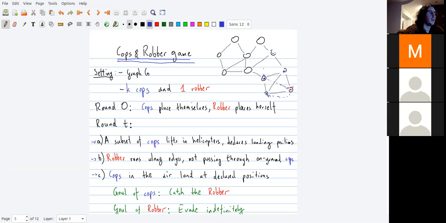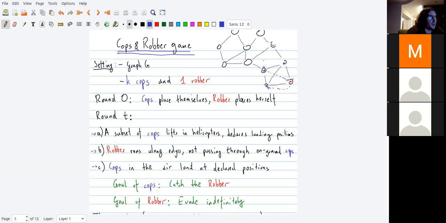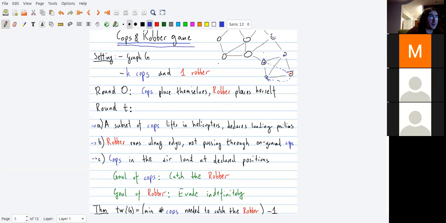So as you see, on this graph, 3 cops were sufficient to catch the robber. The goal of the cops is to catch the robber by landing on a vertex that is occupied by her, and the goal of the robber is, of course, to evade being caught.